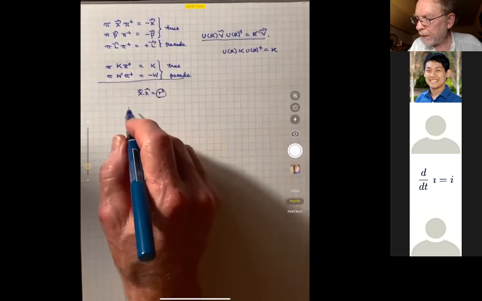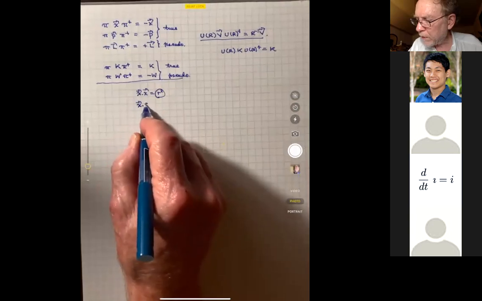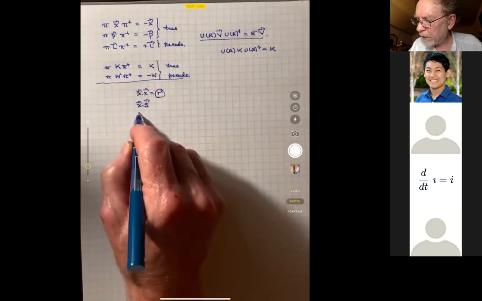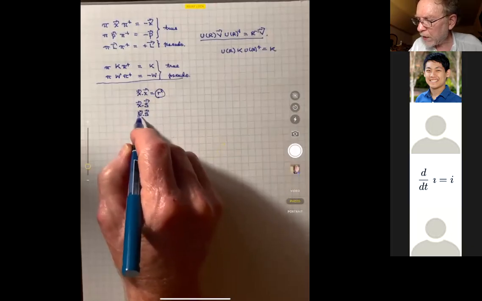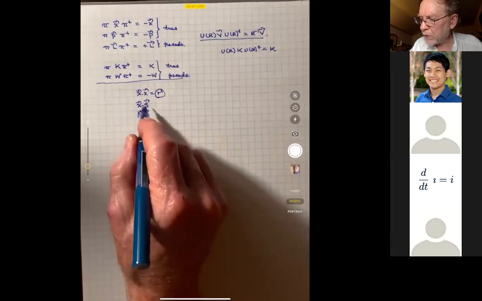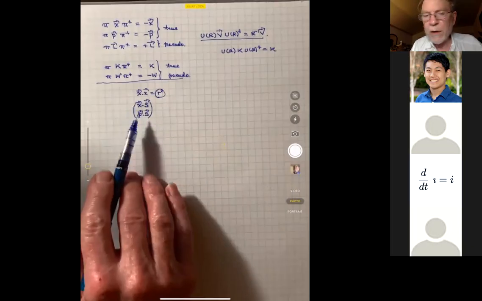An example of a pseudo-scalar would be the position vector dotted into the spin, or the momentum vector dotted into the spin, because position and momentum change sign under parity, but spin does not. And so these are odd under parity. And these occur in parity violating effects.